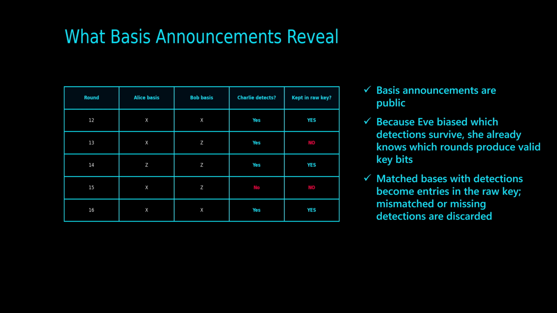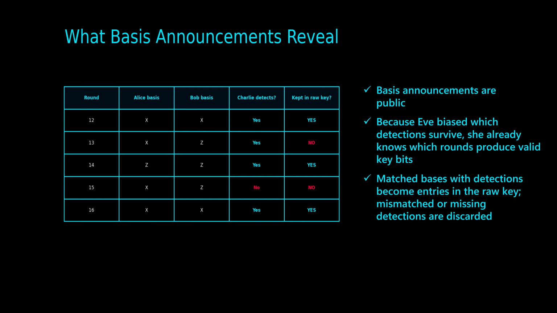The key observation is that basis information is public. Alice and Bob announce their basis choices openly, and anyone listening, including Eve, can match these announcements to the rounds that produced detections. Because Eve has forced only her preferred arrivals to survive, she already knows which of these rounds produced valid, high-efficiency clicks. She can now watch the public sifting process unfold in real time.